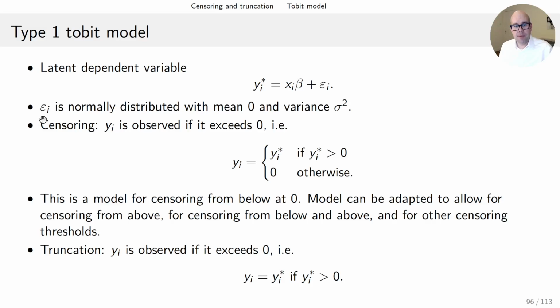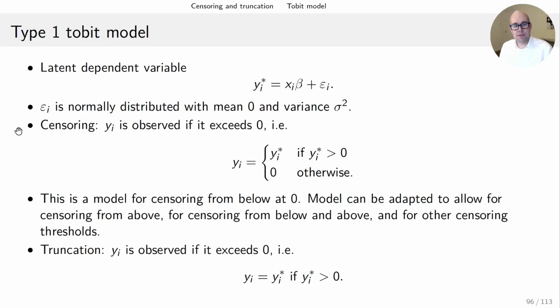We would have an epsilon, that is the econometric error term, that is normally distributed with mean 0. That's the location normalization. But now we don't need a scale normalization, actually. We have a free parameter, and that would be the variance of that normal distribution.